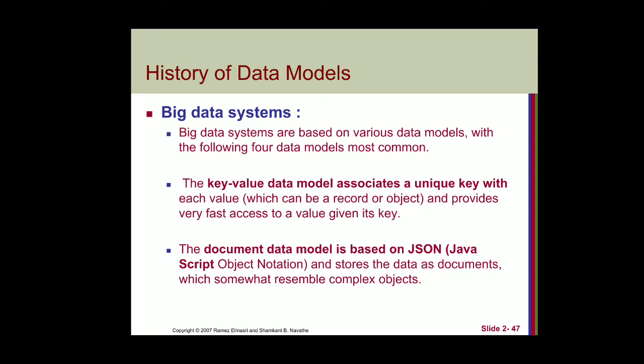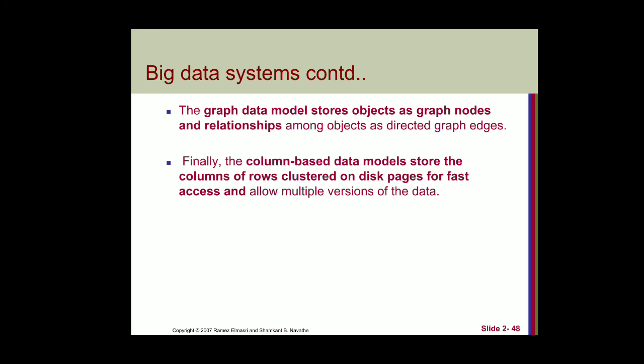Then we have the document data model, based on JSON, that is JavaScript Object Notation, and it stores the data as documents, which sometimes resemble complex objects. Then we have the graph model that stores objects as graph nodes, and relationships among objects are explained in terms of directed graph edges. Finally, we have column-based data models that store the columns of rows clustered on disk pages for fast access and allow multiple versions of the data.